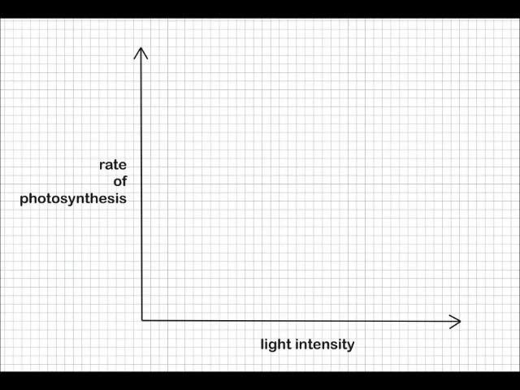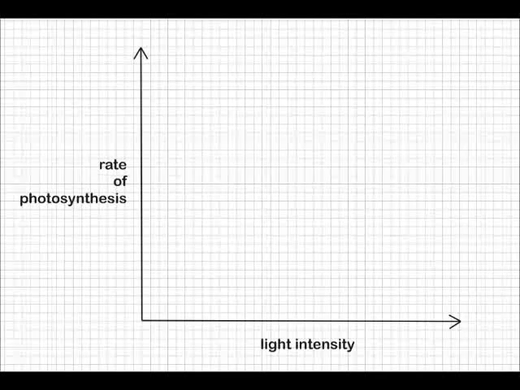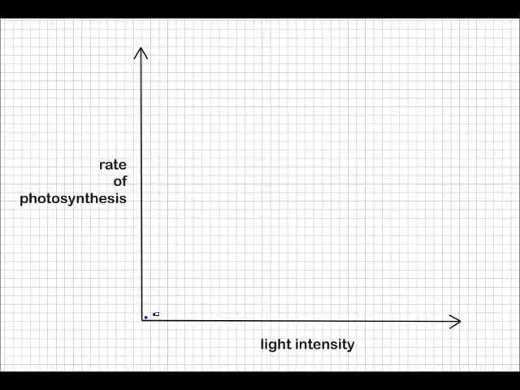And last but not least, let's have a look at one of the plants which has adapted to deal with different conditions. Here's our old favourite graph again, rate of photosynthesis on the left, plotted against light intensity on the right. And let's draw a curve on that graph for a usual plant.